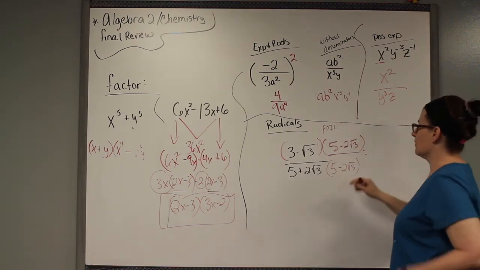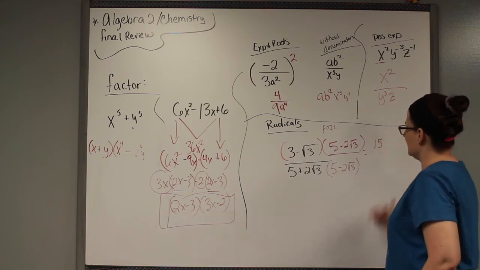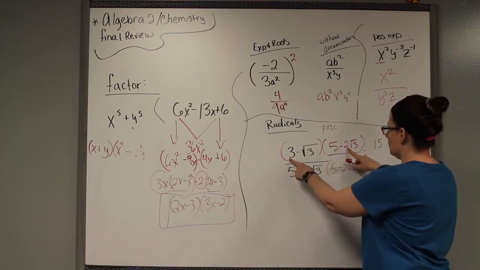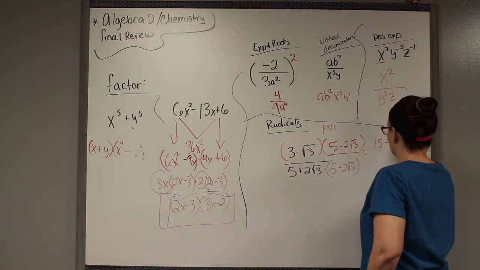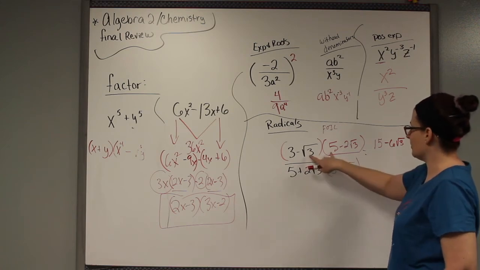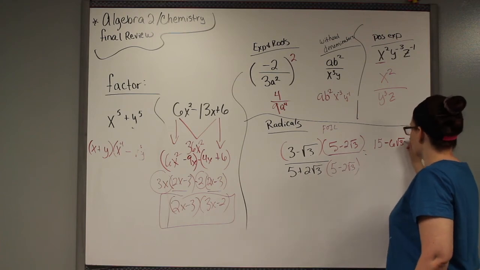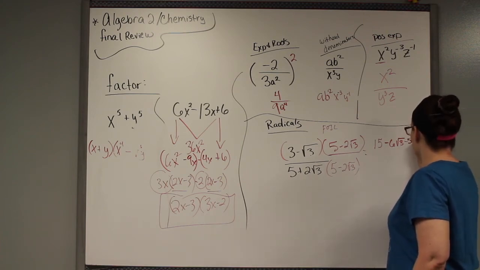first would be 5 times 3, so that's 15. On the outside, I'd have 3 times 2 radical 3, which is going to give me negative 6 radical 3. On the inside, I'm going to have 5 times a negative radical 3, which is negative 5 radical 3.